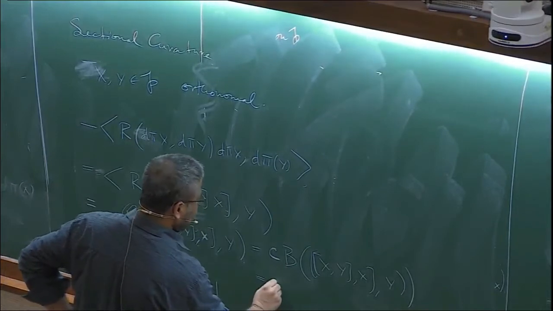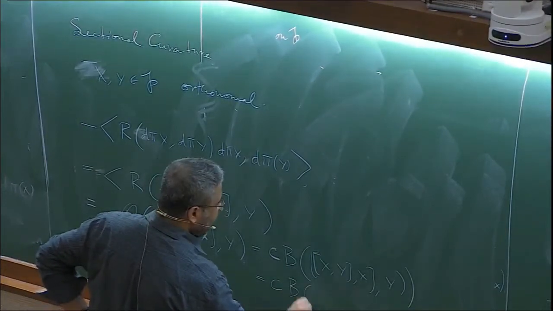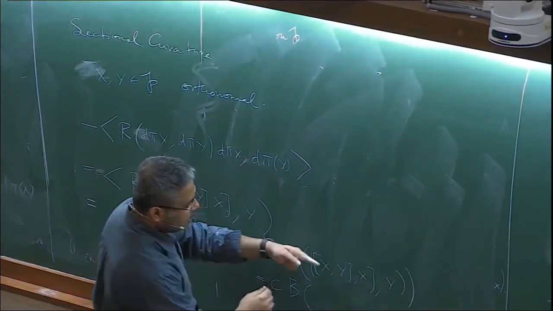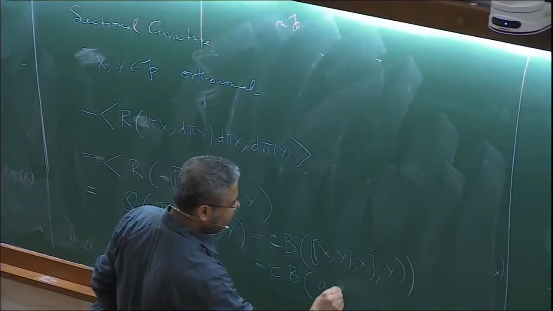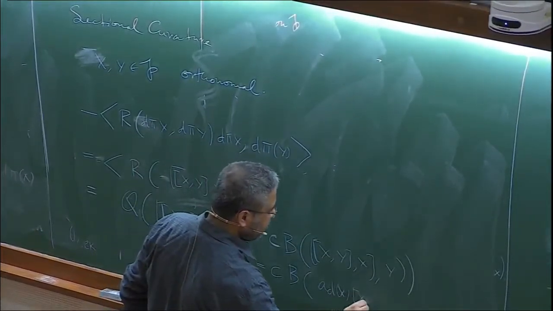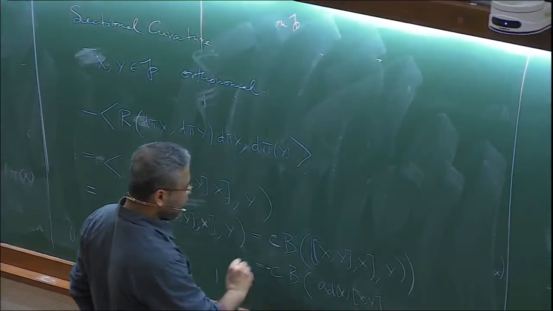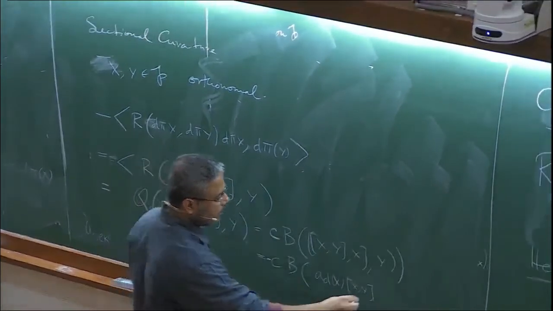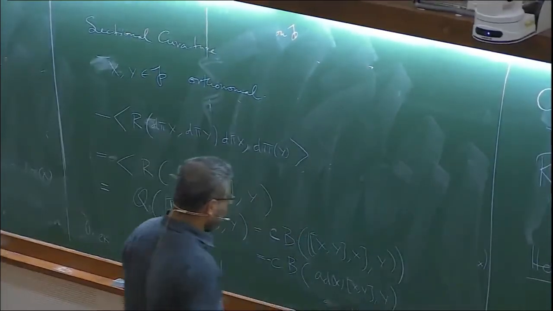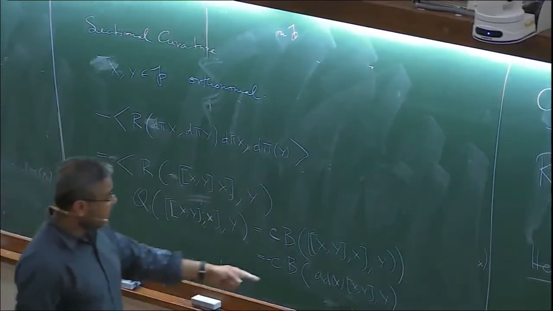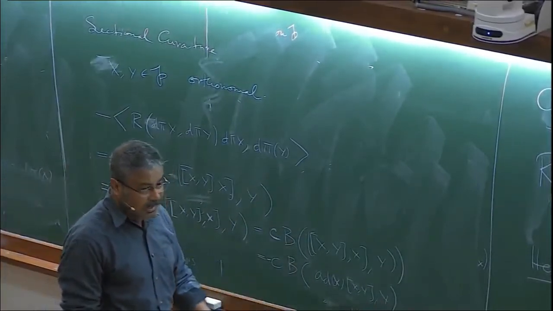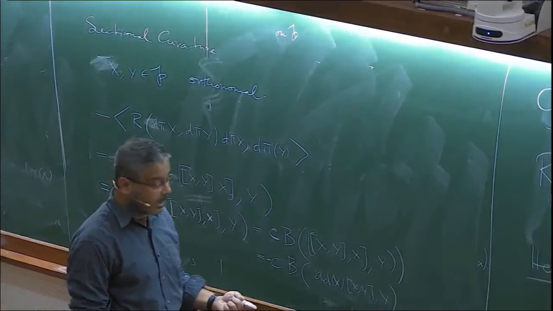So this is C times, so I switch this factor and call it ad X of [X,Y], and add a minus sign here because I'm switching the factor. And now B(X,Y), this is the Killing form, is ad X infinitesimally invariant.